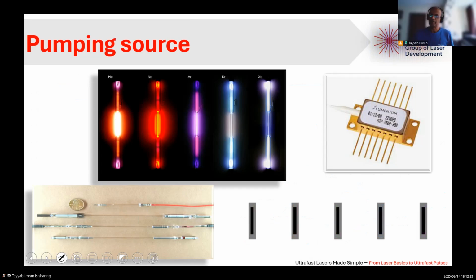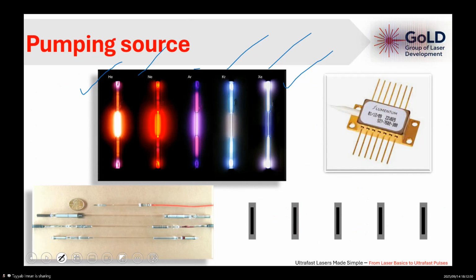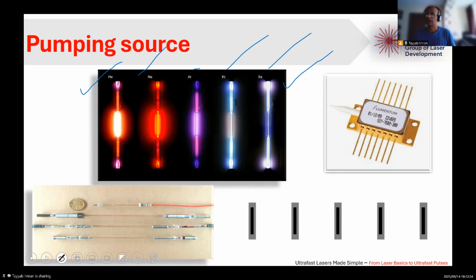So, the continuation of the pumping source. Here you can see different pumping flash lamps. It can be helium, neon, argon, krypton, xenon. It depends on what kind of laser is used, what kind of gain medium, and according to that the flash lamp is chosen.